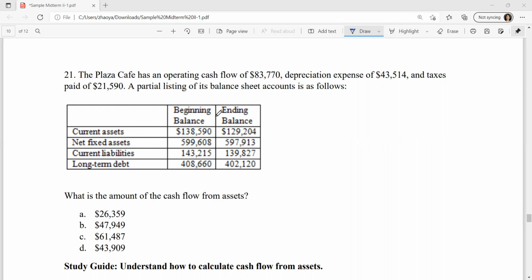Some balance sheet accounts are given, and it asks what the cash flow from assets, CFFA, equals to. It equals operating cash flow minus net capital spending minus change in net working capital.